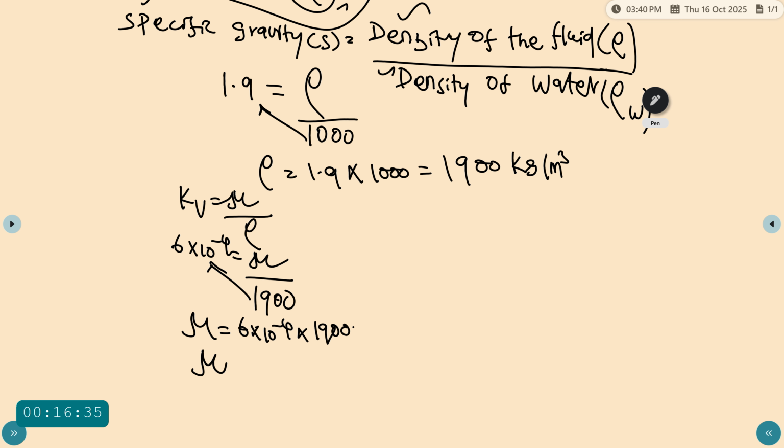The final answer is 1.14 Newton second per meter square.